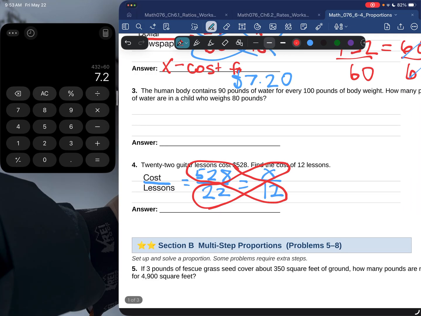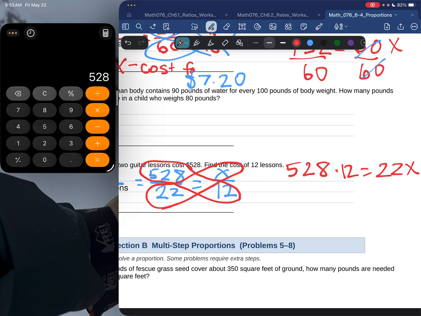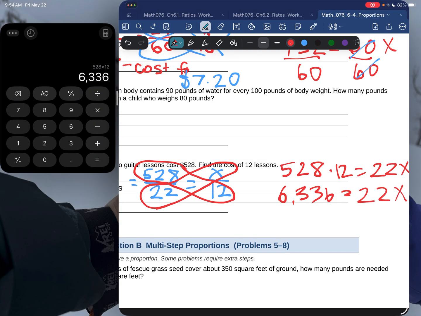Okay, and I'm going to get 528 times 12 equals 22x. 528 times 12 equals 6,336 equals 22x. That equals does not look like an equals. Let me fix that. There we go.